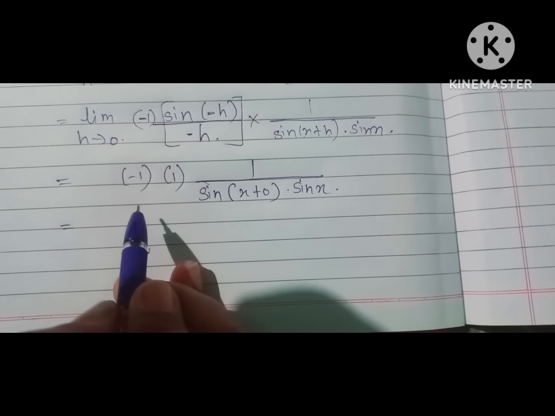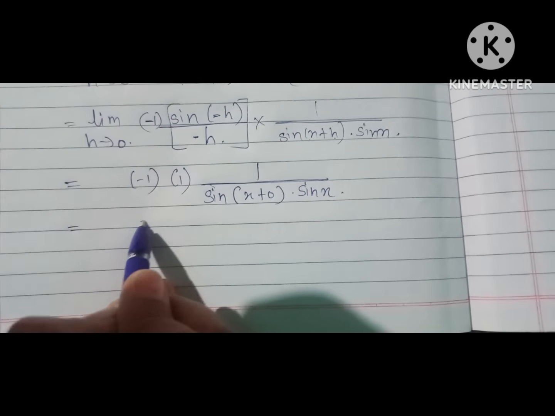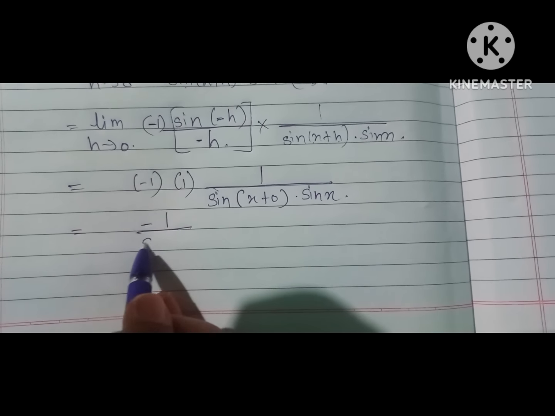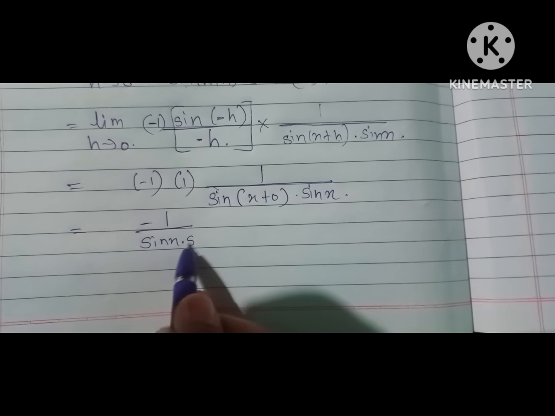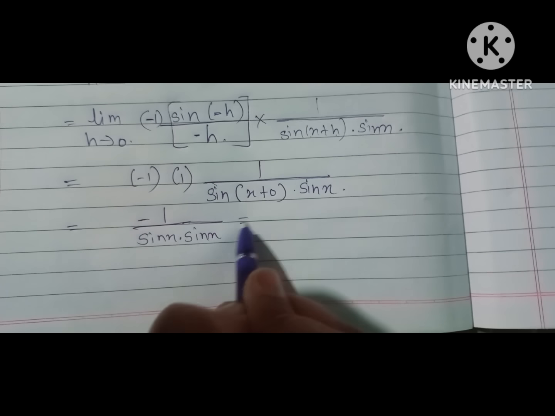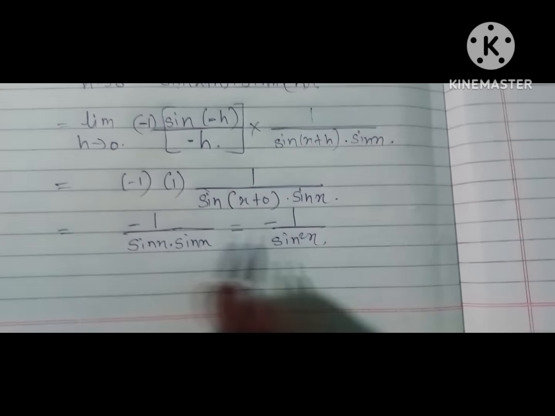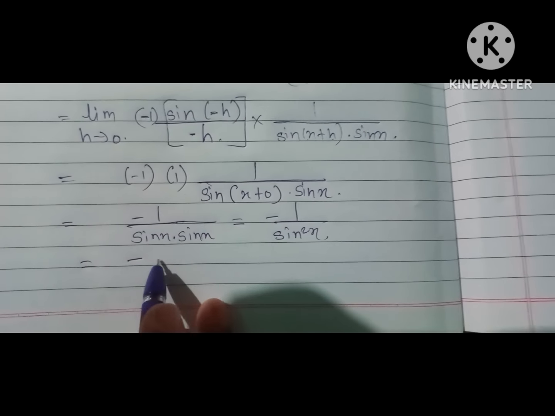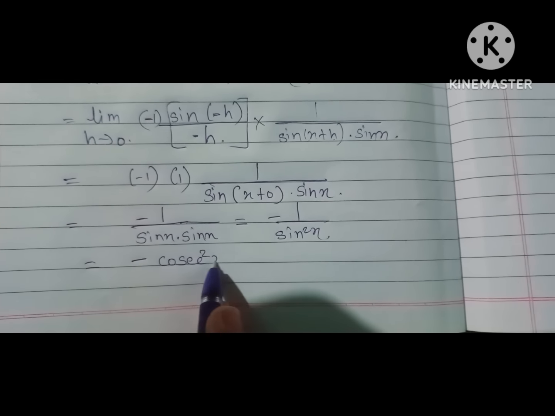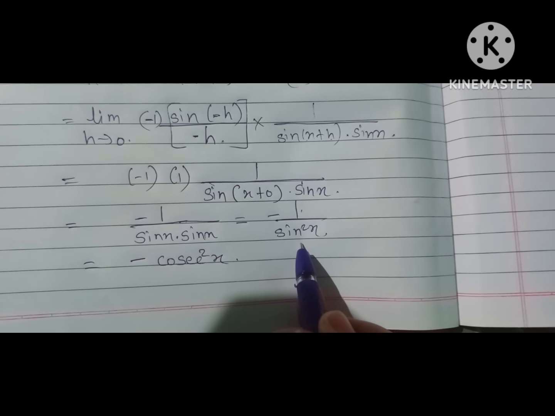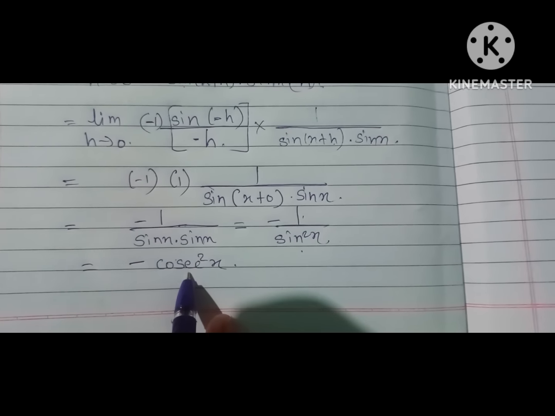So finally what we get here is minus 1 upon sin x into sin x, that is minus 1 upon sin square x, that is minus cosec square x. 1 upon sin theta is cosec theta in trigonometry, that we know.